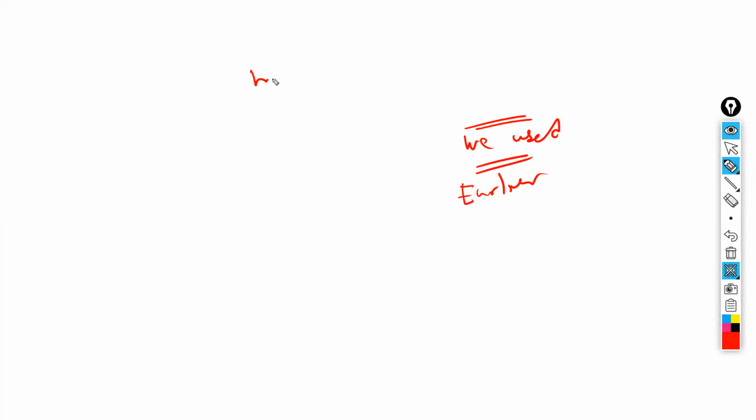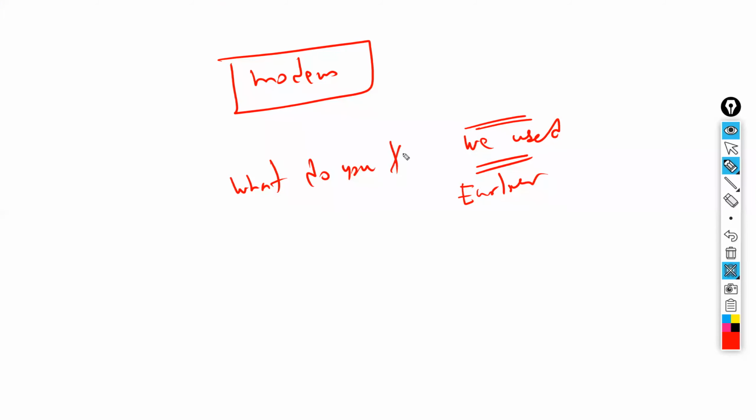Earlier we had the modem, but now we are not using it. What do you think about this? Why am I saying this modem is not used nowadays? Because, what does the modem do?